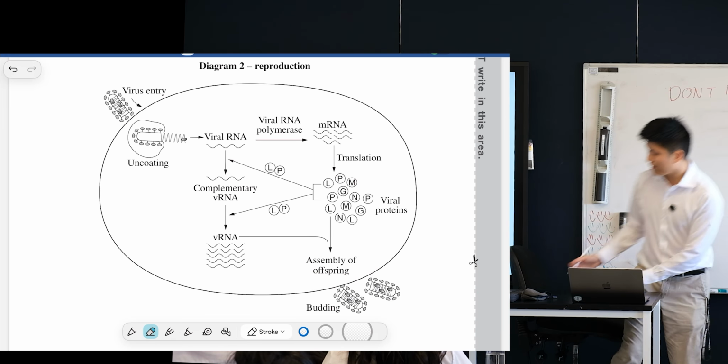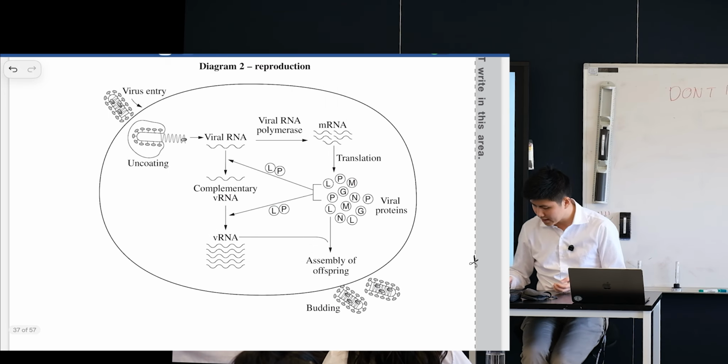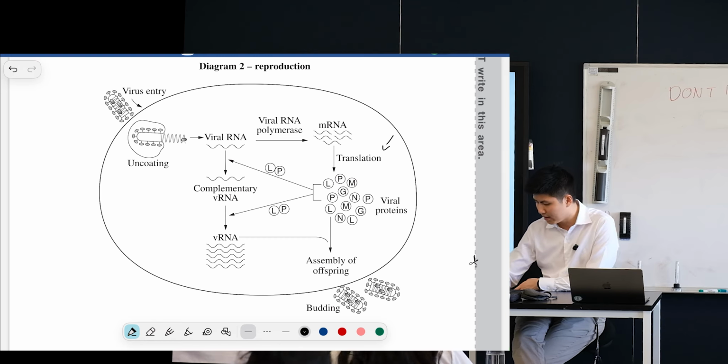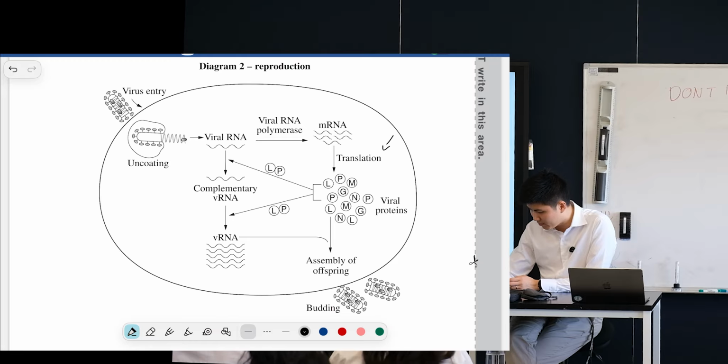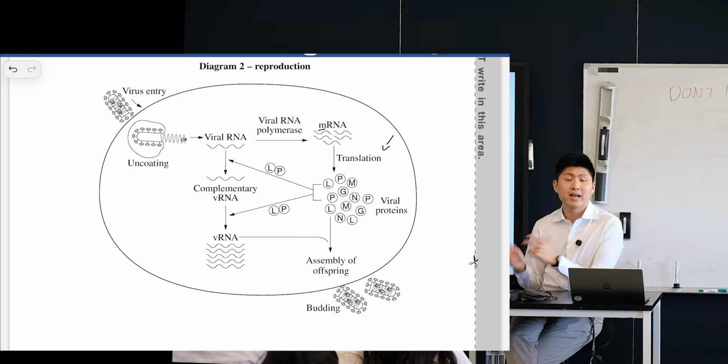So just by looking at my diagram, what are some things I can immediately notice? Well, I can see here that it's talking about translation, right? So this is where translation's happening. I'll go back to that first, but because here we get mRNA after our viral RNA gets read through RNA polymerase, that sounds a bit like transcription, right?